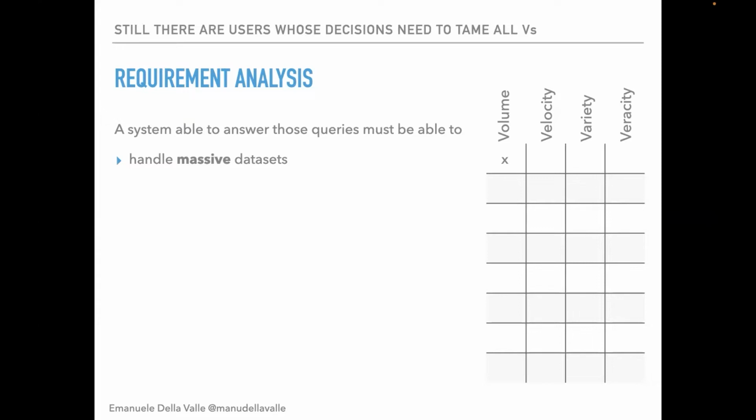First of all, handling a massive data set, which is a volume problem. Then processing data streams, so flows of data that keep streaming on the fly, which is a velocity problem. Coping with heterogeneous data sets, which is the variety problem.